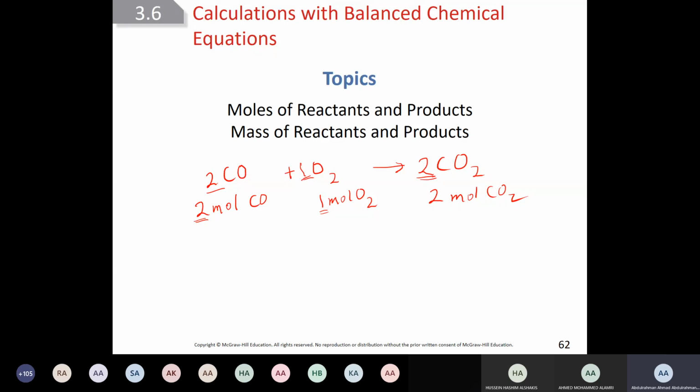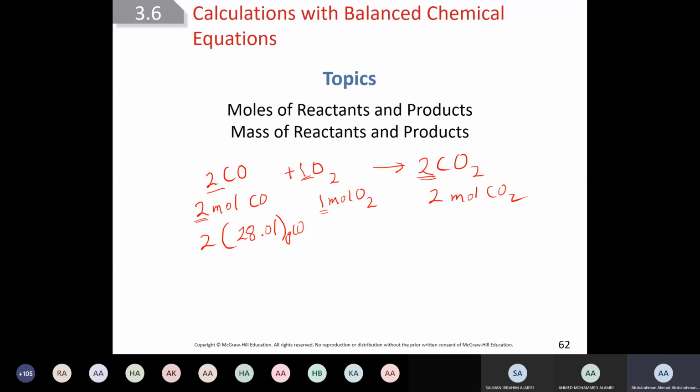Next, I want you to tell me what's the mass of 1 mole of CO. Quickly, from your periodic table. 12 is the carbon, and for oxygen is 16. Exactly, 28.01 gram CO. Clear?